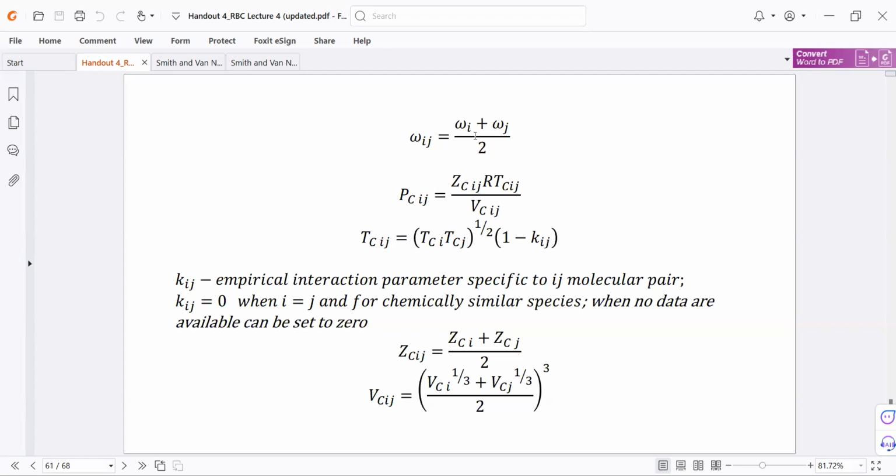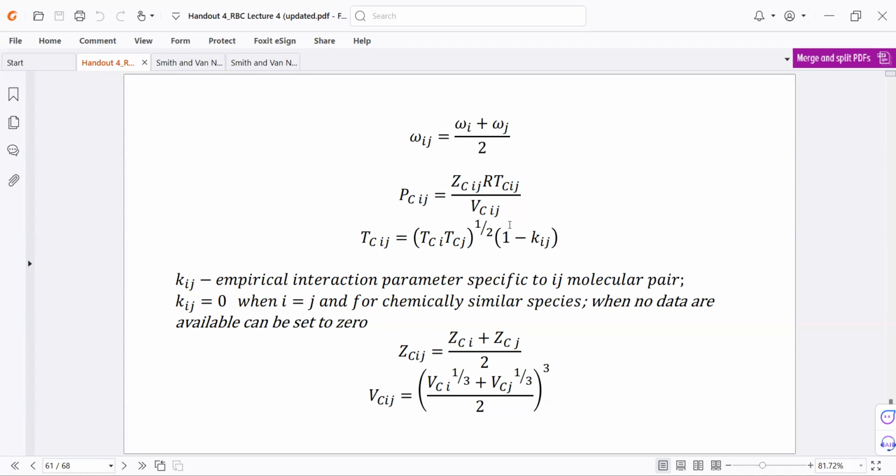We also have an equation for the eccentric factor between two species. Before, our eccentric factor was just for one species, but if we have two species, as you can see, it's just an average of the eccentric factor of the two species. And then we also have expressions to calculate the critical pressure of two species, the critical temperature for two species, and the Z and the V.